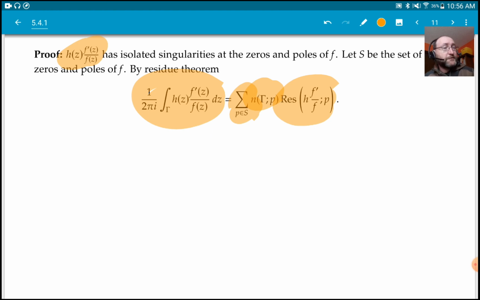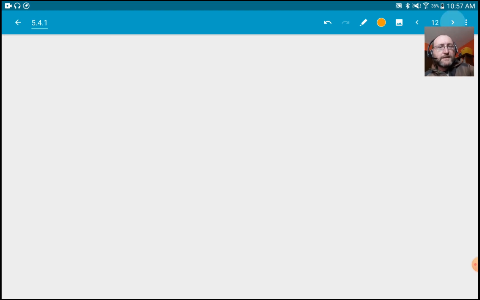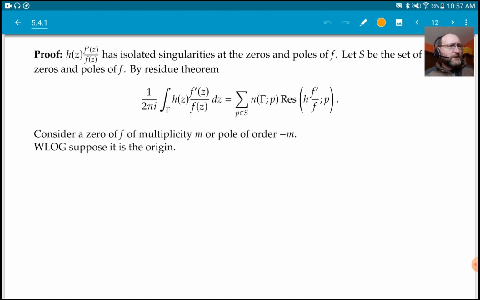Because if p is a zero of order m, we really wanted to count it m times. So we wanted to sum over it m times, or in other words, have it m times the winding number of gamma around that p. And then if there's h, we need to multiply that by the value of h at that point.